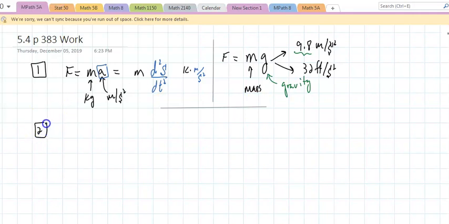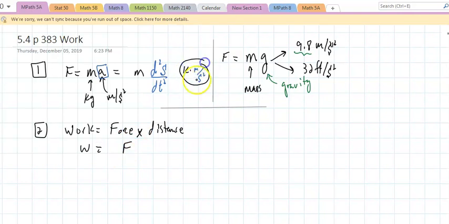Now we talk about work, and it's the same work as we defined in physics. It's really force times distance. Now, if the force is constant, I really don't need calculus. So we say work equals force, normally in newtons. If you take kilograms times meters per second squared, that's newtons.